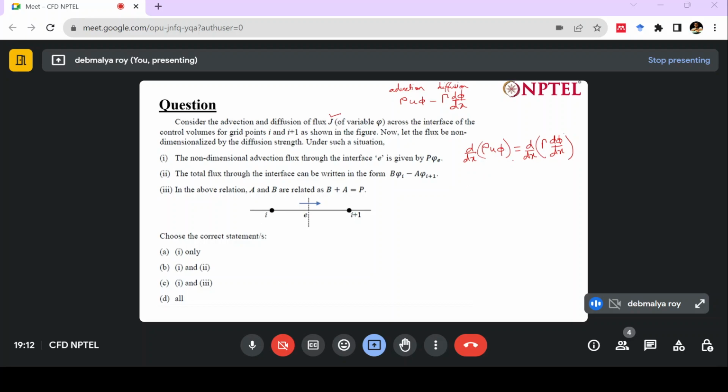We have also simplified it to a 1D structure, a one-dimensional structure. So only two terms are there, the advection and the diffusion. Advection plus diffusion, we will call it convection. So this is the convection equation, 1D and steady. 1D steady state convection.